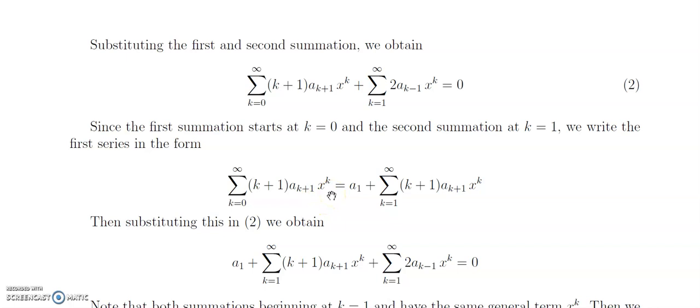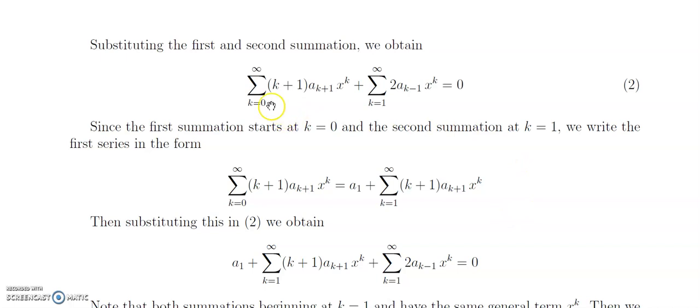Remember, x to the 0 is 1. So the first term of this series, obtained by making k equals 0, is a sub 1, plus the remainder of the series, the sum as k goes from 1 to infinity of k plus 1 times a k plus 1 times x to the power k.